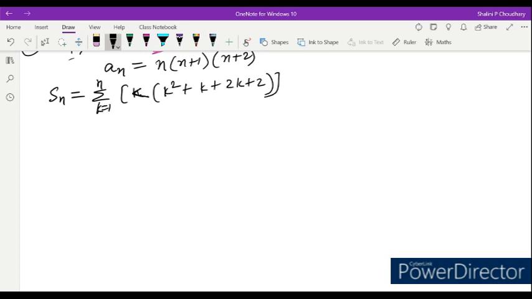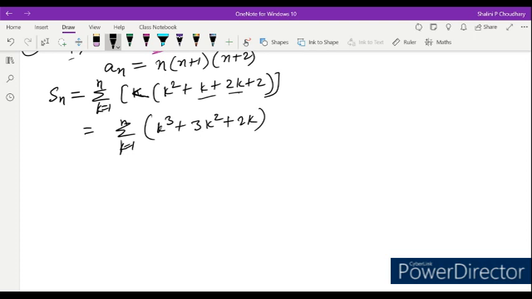So this will be equal to summation of k is equal to 1 to n of k cube plus k square plus 2k plus k, that is 3k square plus 2k.